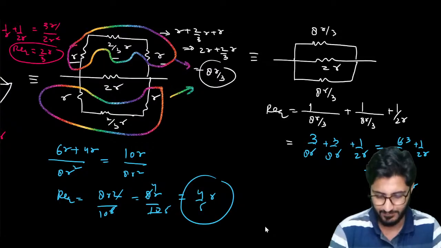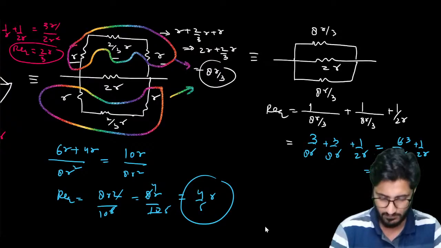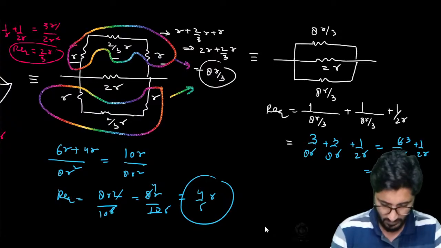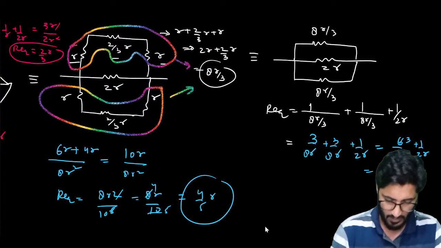One second. So what is yours now? It is not coming 21 or 22. 5 by 4. 5 by 4.